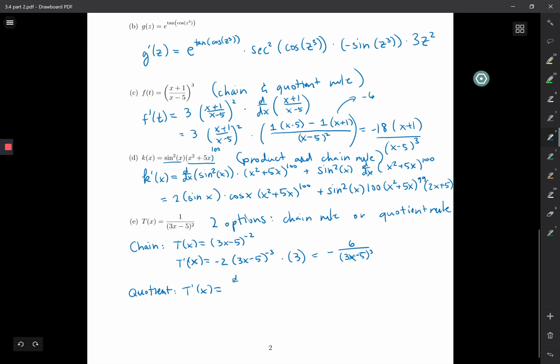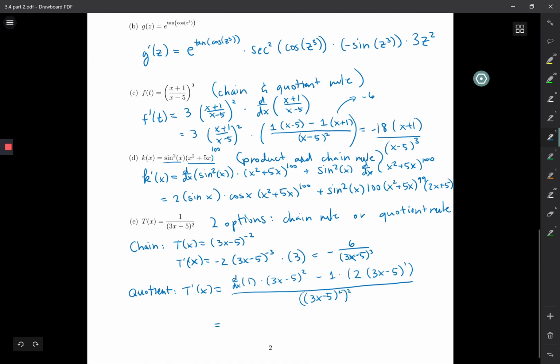So maybe to make this clear, derivative of 1 times (3x minus 5) squared minus, we would have 1 times the derivative of the (3x minus 5) squared, and then we still have to use the chain rule on this, because we have an inside and outside function. So it would be 2 times (3x minus 5) to the power 1, right? Okay, and then don't forget to put the whole thing over the denominator squared.